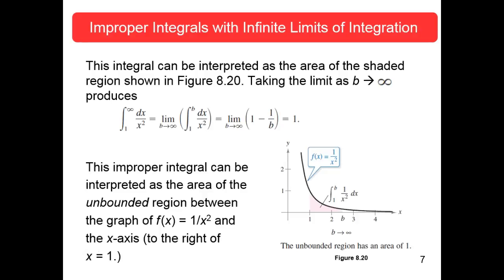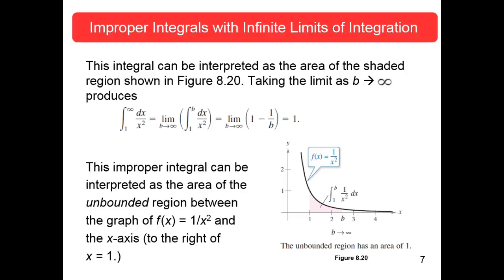The integral can be interpreted as the area under the shaded portion of this 1 over x squared curve here. And basically what it's saying is, if you're going from 1 here, this is going to 0 so fast that it has a finite area under it, even though it's an infinite x. Okay? I don't know what infinite x's are. I don't ever integrate to that.